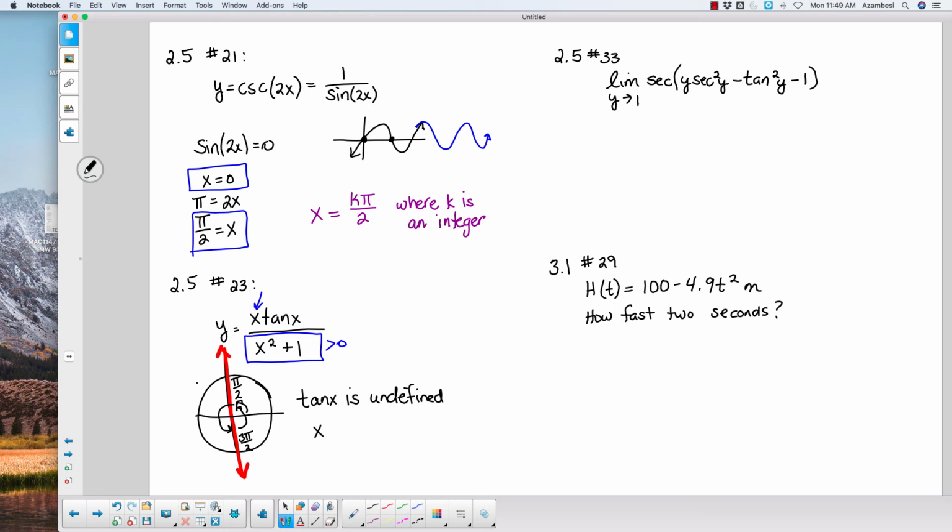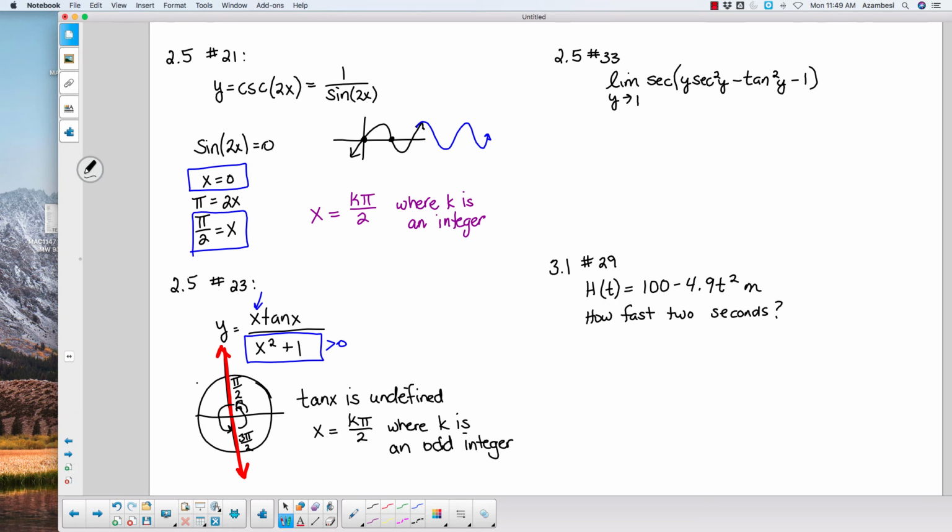So here, x is equal to, we'll call it k pi over 2 again, where k is an odd integer. We can put any restrictions we want on there.